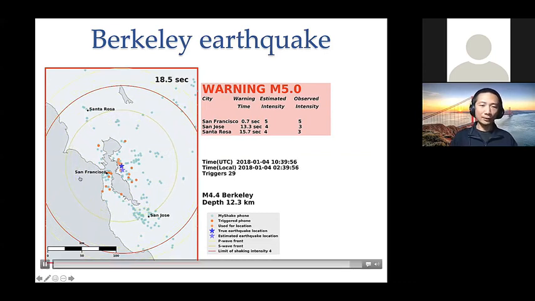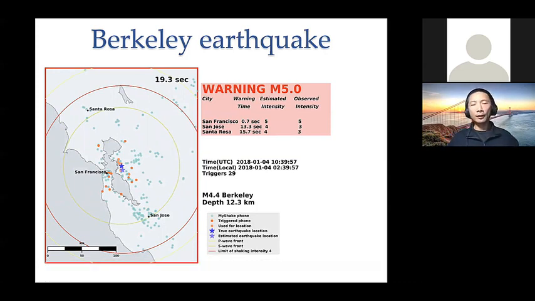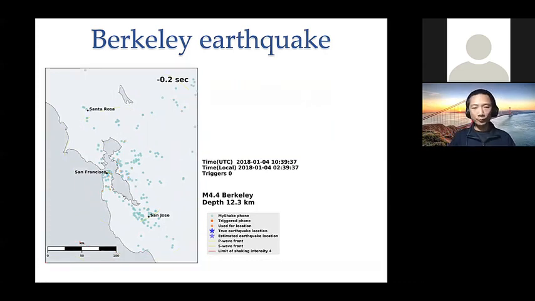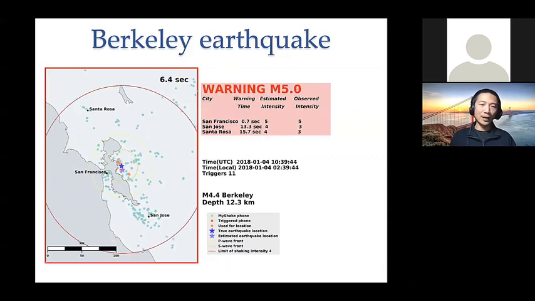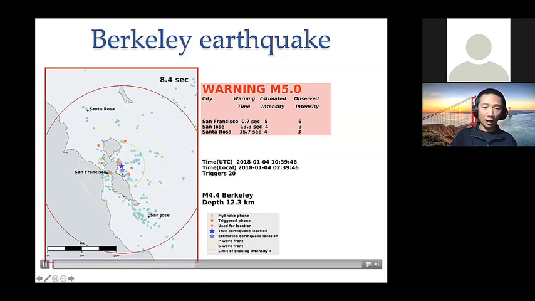What you can see is that the phones detected the earthquake as the seismic wave moves away from the epicenter, and then the algorithm clusters them into different clusters and detects the earthquake. This is our earthquake detection and location estimate. We estimate a magnitude 5, and we detected the earthquake pretty fast.